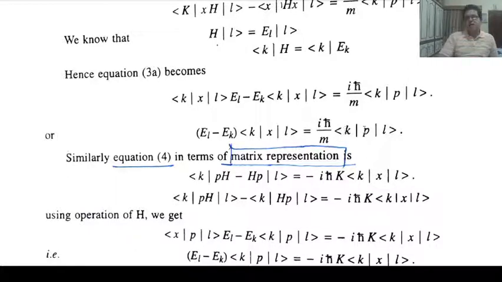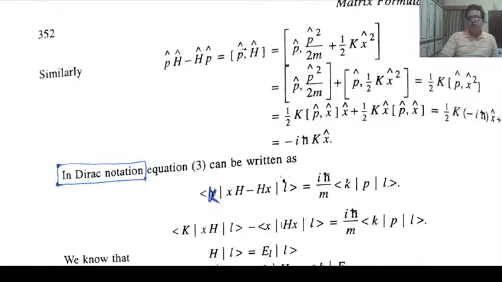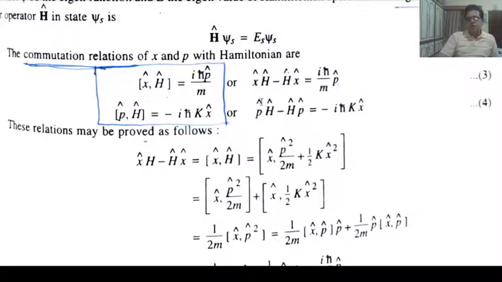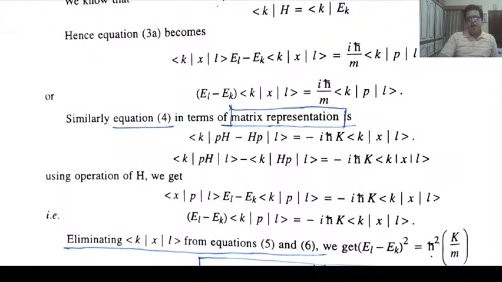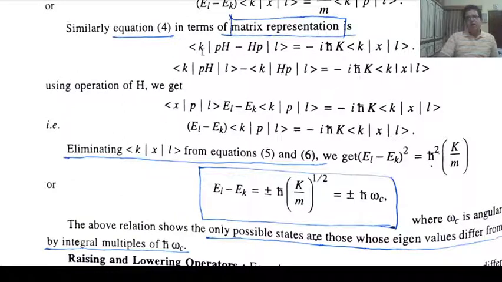Similarly, here is P and here is K. We are seeing from this equation, only rearranging this equation. Similarly, equation 4 represents the matrix representation. Equation 4, you recall, this is the equation. This equation can similarly be written with bra K and ket L on both sides, and rearranging this equation we get such a kind of equation.